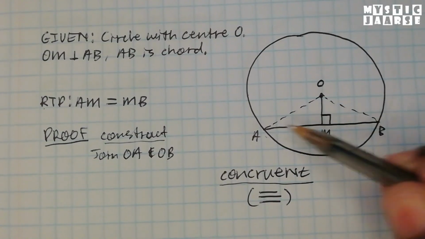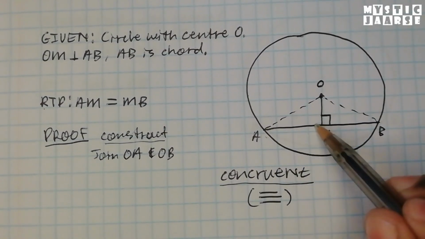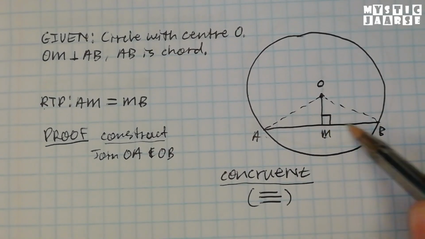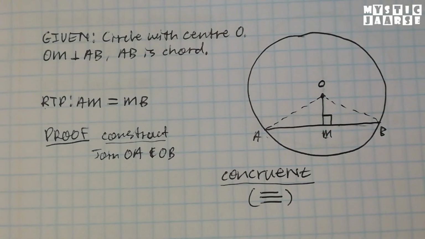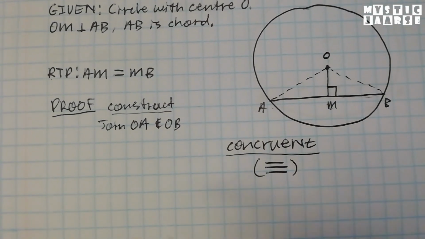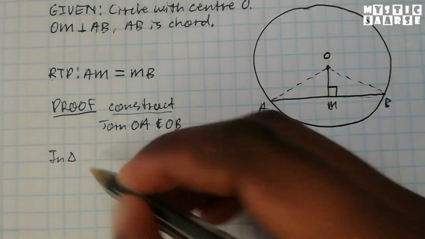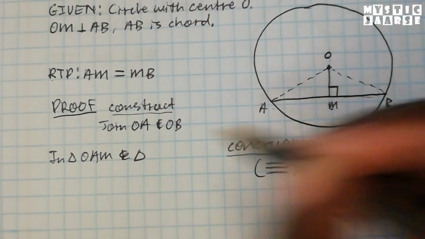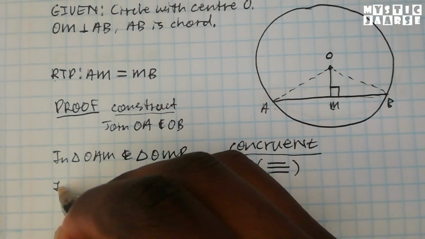If these triangles are exactly the same, then we can prove that this length from triangle AOM is equal to this length from triangle OMB. So that's our goal. To prove congruency, we need to say in triangle OAM and triangle OMB: 1.